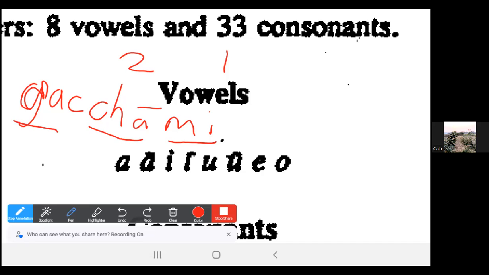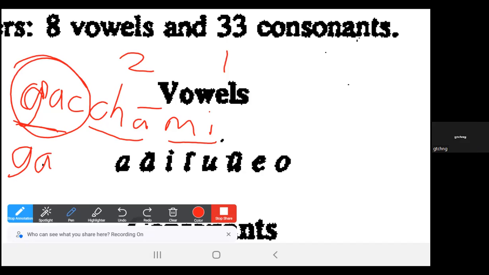How about ga? What do you think it is? It can be 1, it can be half. For example, normally if you pronounce ga, you pronounce ga. But if you pronounce the shorter one, how do you pronounce? Ga. It's a shorter sound, right? Yeah.